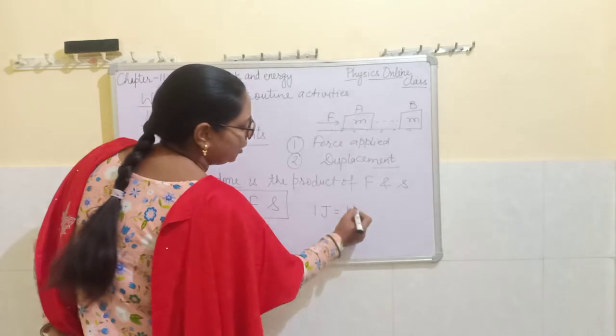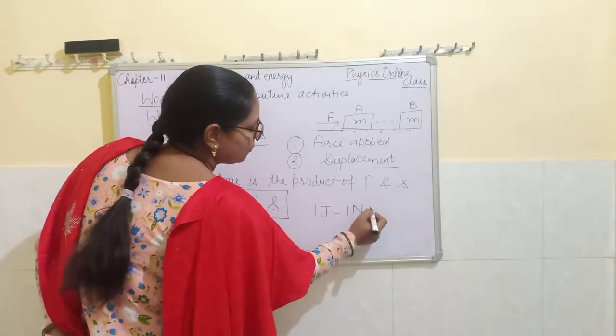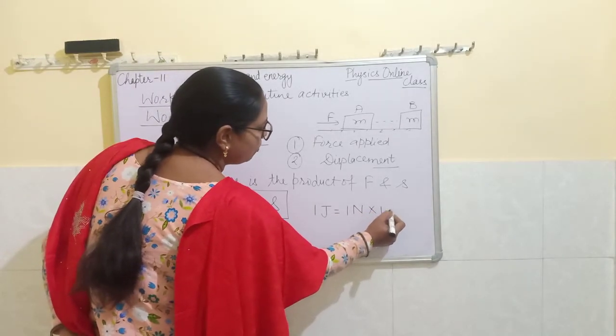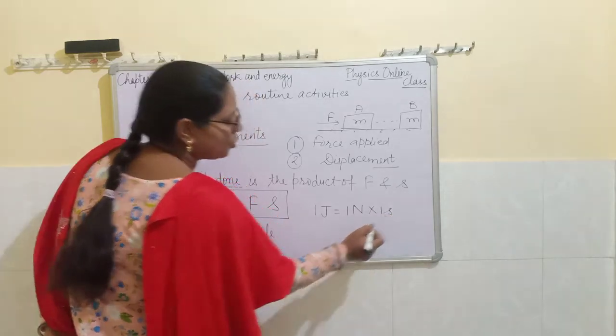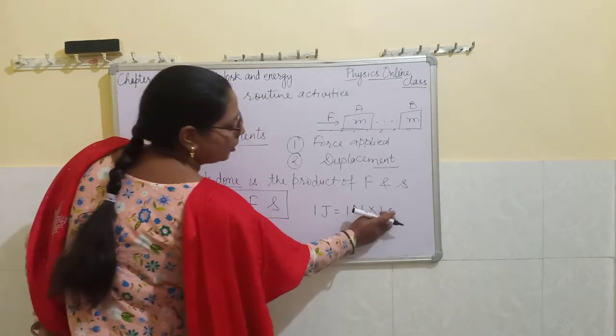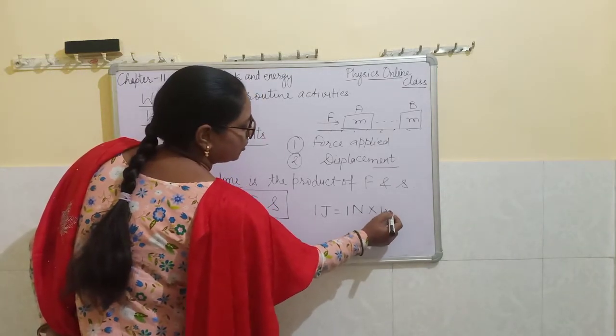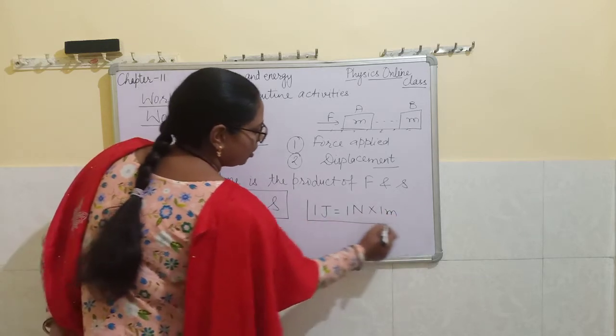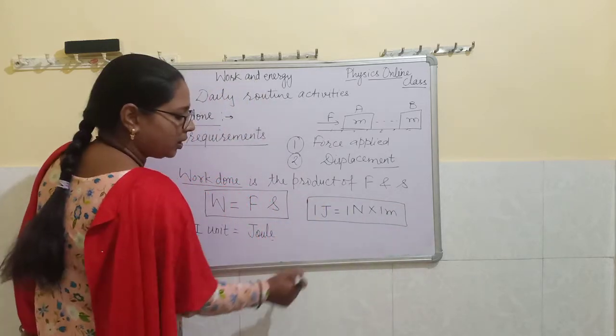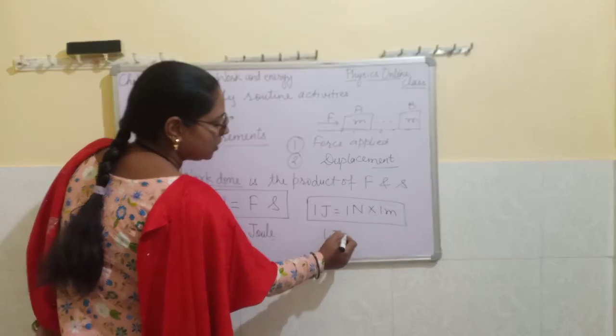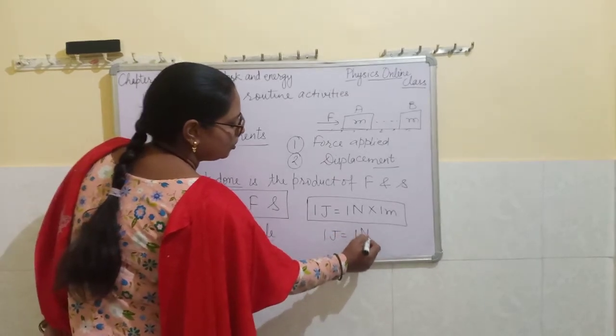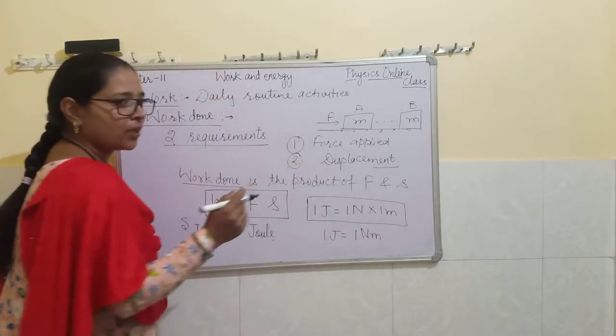We require 1 Newton force, and this force must displace a body through a distance of 1 meter. So I'll write here meter. From here this simple relation, 1 joule is equal to 1 Newton meter.